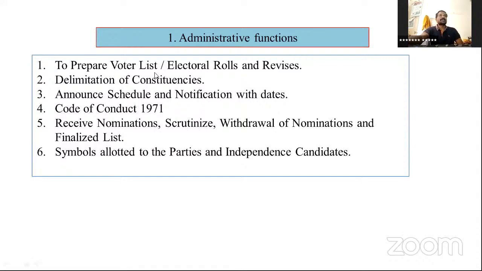Delimitation of constituencies, I already told you, is according to the Delimitation Act. Now also we are following that act, but according to the 1971 population census, our population was very low, nearly 60 crores.